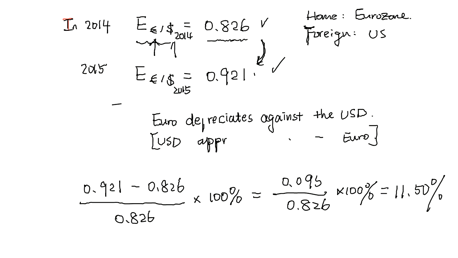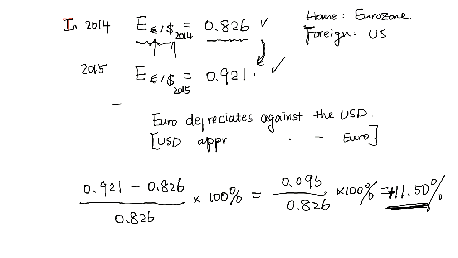11.5%. Okay, so remember that right now, if we take the perspective from the European citizens, the citizens in the European Union, now the exchange rate change becomes positive. That means I have to pay more. Like how much more? It's equal to 11.5%.